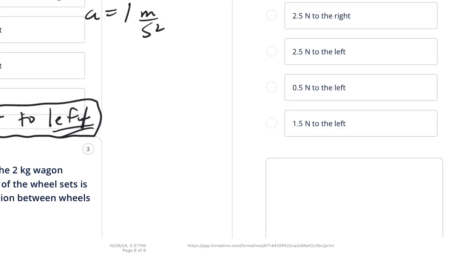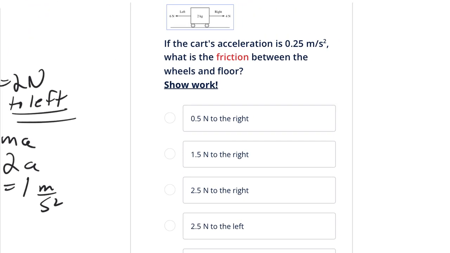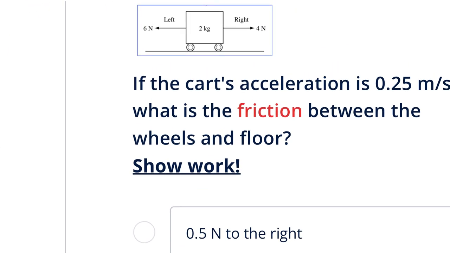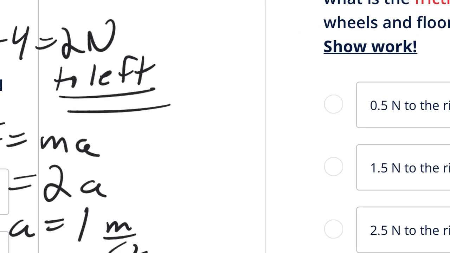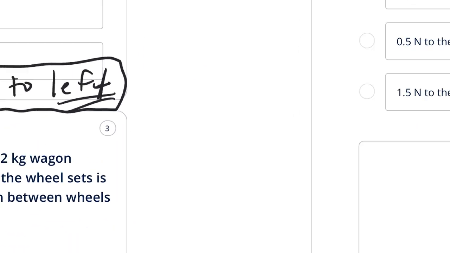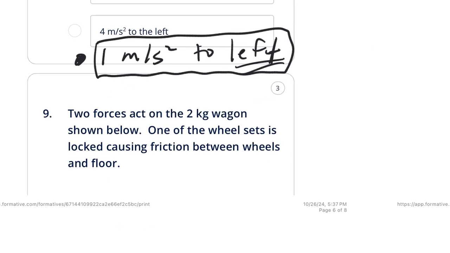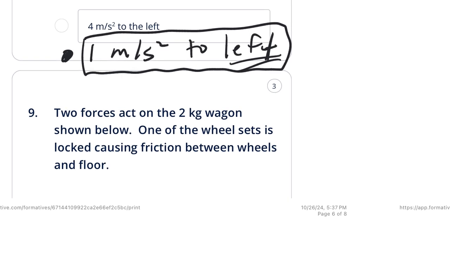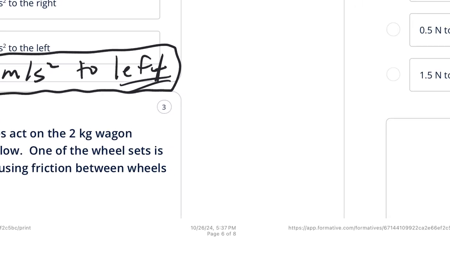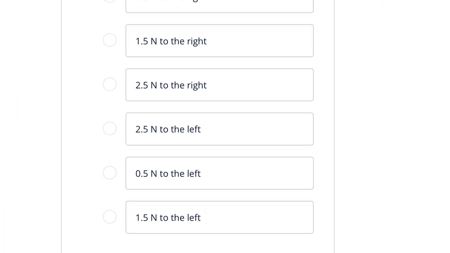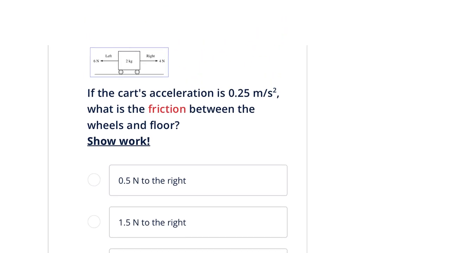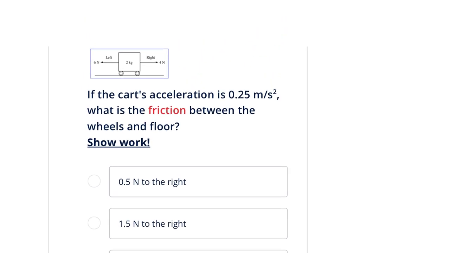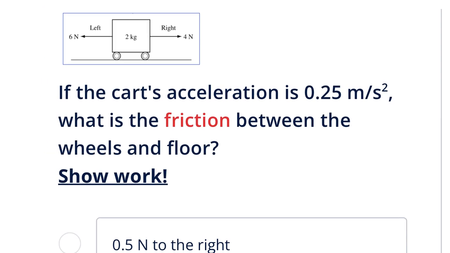Okay. So we have the same situation, but what's happening? One wheel set is locked, causing friction between wheels and floor. Well, it would be moving to the left because 6 newtons is bigger than 4 newtons on the other side.